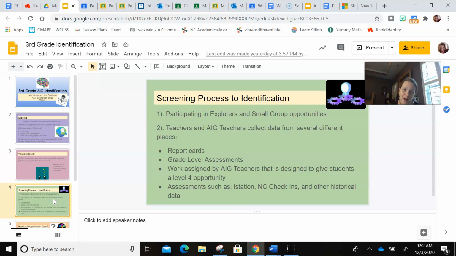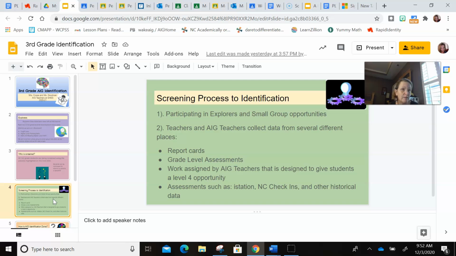Here is the screening process, parents. Number one, all students are being screened through Explorers. Number two, teachers and AIG teachers are collecting data from several different places. And here's where we're going to get our data.